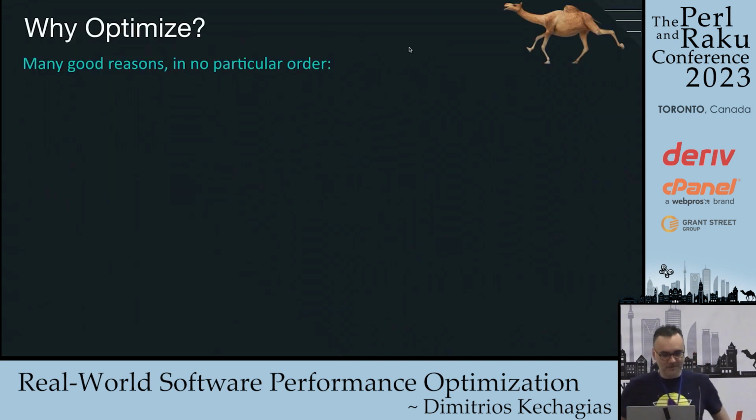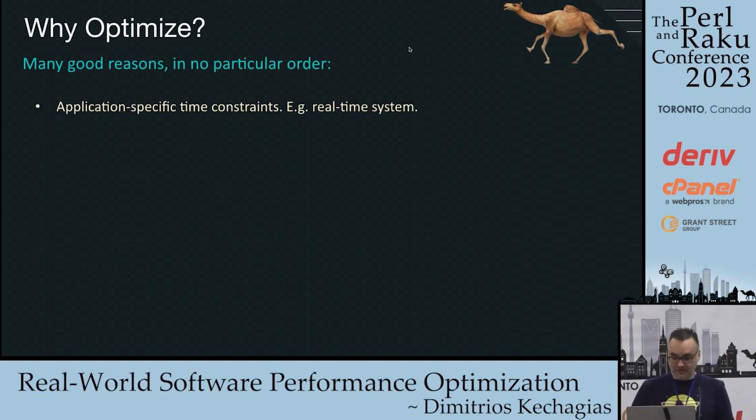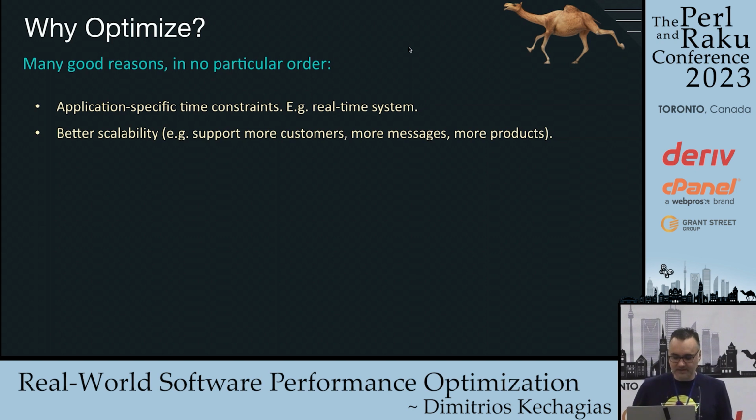Off to why optimize. So there are several reasons in no particular order. You might have application-specific constraints, like a real-time system that has to do some minimal work, or you want better scalability, like support more customers, more messages, more products.